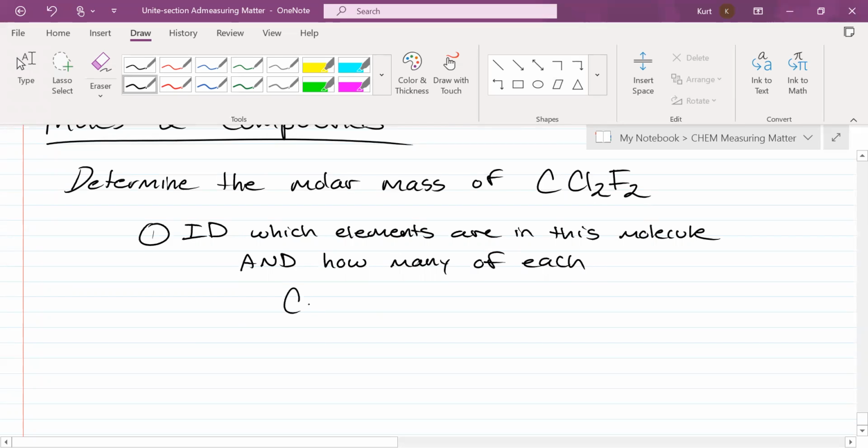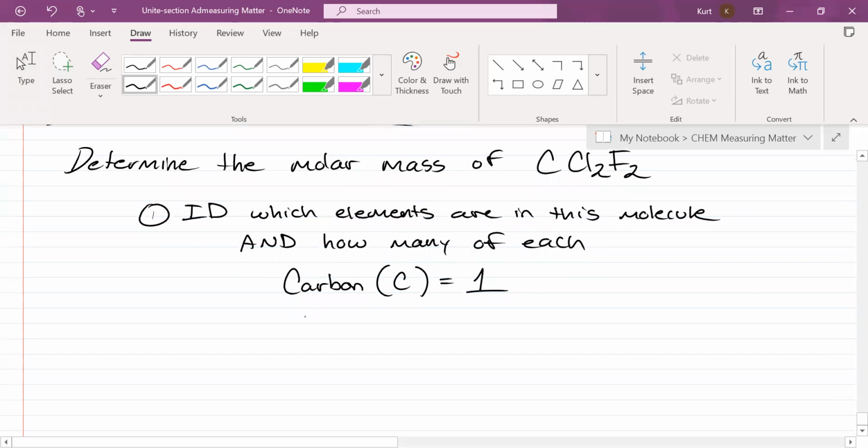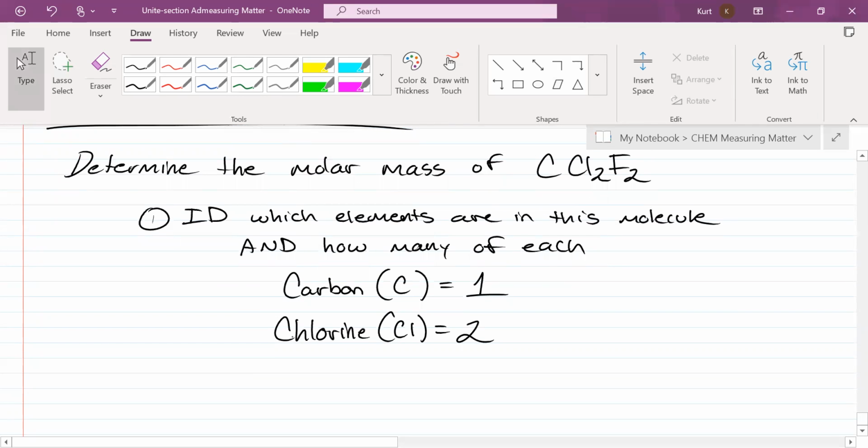Carbon. How many of them are there? Correct. Max, what is the next element that you see? Chlorine. How many are there? Correct. And Kendall, what is the third and final element that you see in there? Correct. And how many are there? Very good.